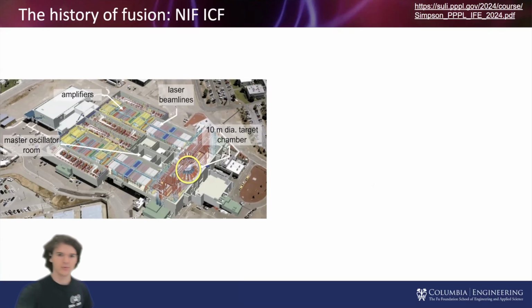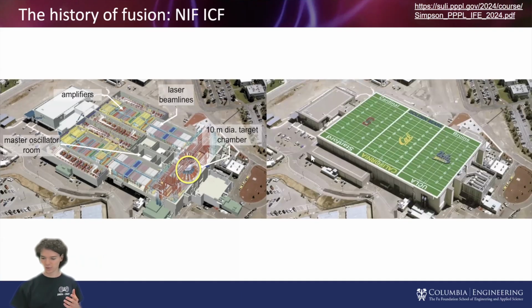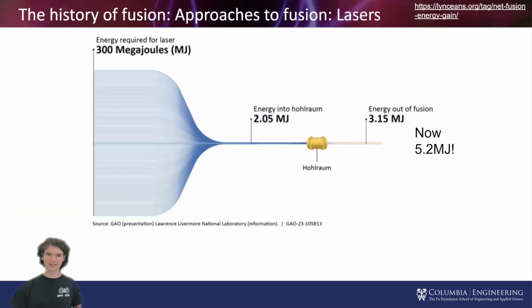This facility is actually the size of, I believe, three football fields, just to shoot at a pellet of deuterium and tritium in a 10-meter diameter chamber, a pellet you could hold with two fingers. So it's a lot to get that energy out. That's where the target chamber is.